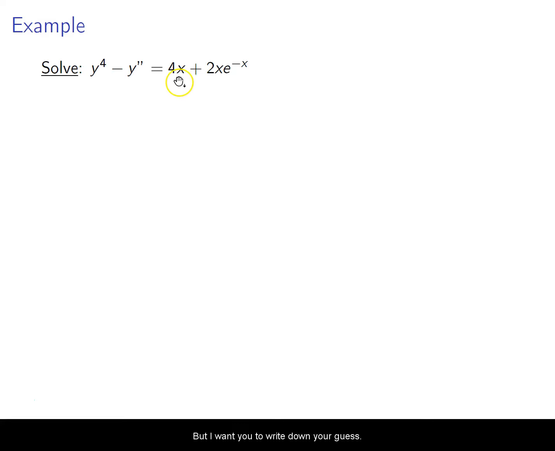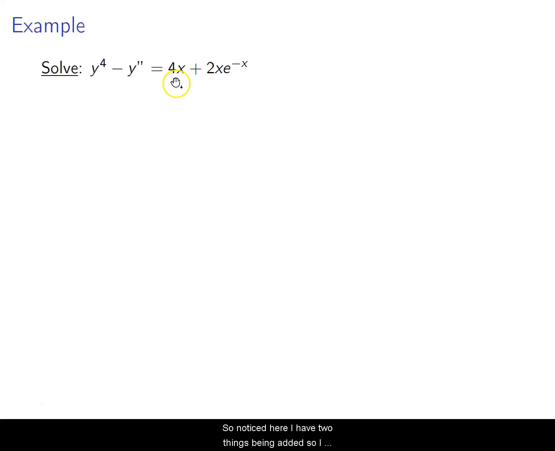But I want you to write down your guess for the particular solution based on this g of x. So without taking the homogeneous solution into consideration right now, just do this part. What do we think that our yp should look like based on this? So I'll give you a second.